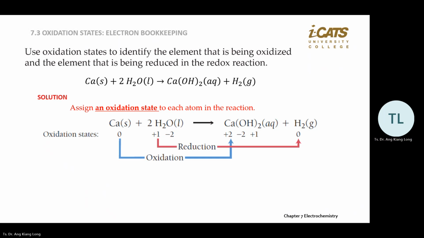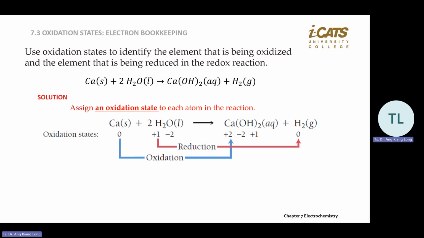Any questions? Okay, then you calculate for Ca(OH)2. This one you break into Ca, O and H, so you need to break three atoms, meaning Ca, O2, H2.